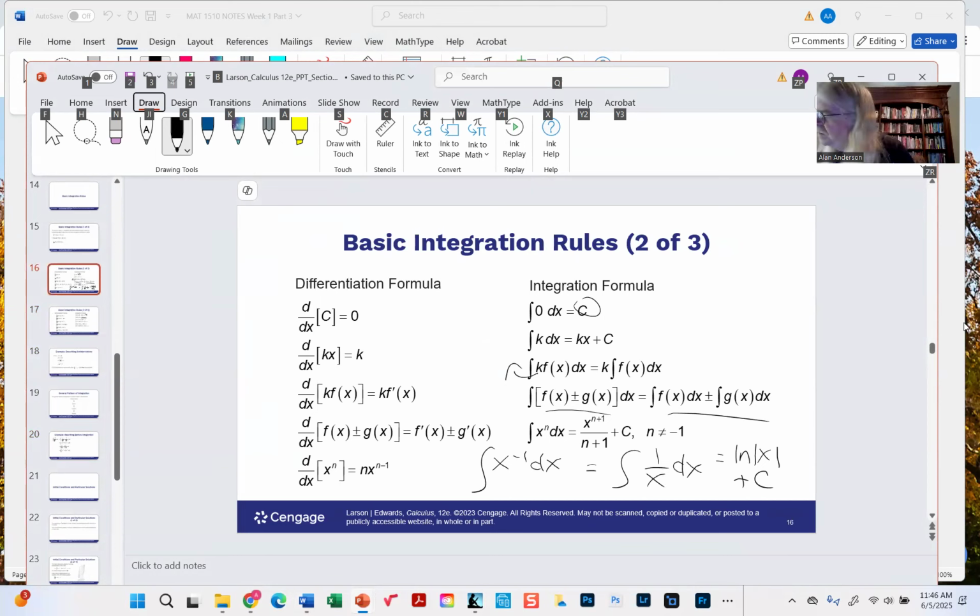Right here. And then, of course, we also are actually using this one as well, because we're taking two terms and adding them together. So here's what we end up with. The first term will be, so 1/2 plus 1 is 3/2. Negative 1/2 plus 1 is 1/2.